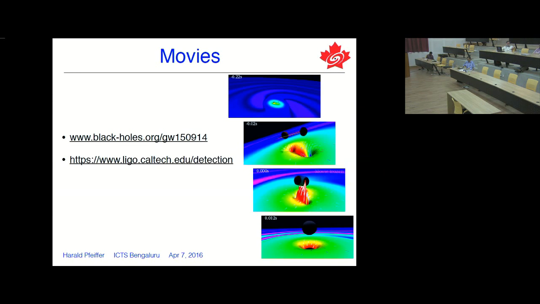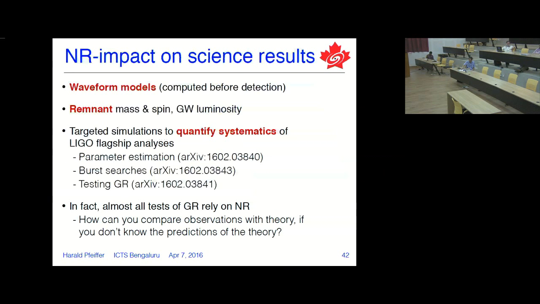Turning over to the science impact that numerical relativity had on slide 42, again, quite significant. All the waveform models that were used to search for binary black holes and to do parameter estimation on them are based on numerical relativity input. The LSC made statements about the remnant mass and spin and the energy emitted in gravitational waves. All these quantities were computed by numerical simulations.